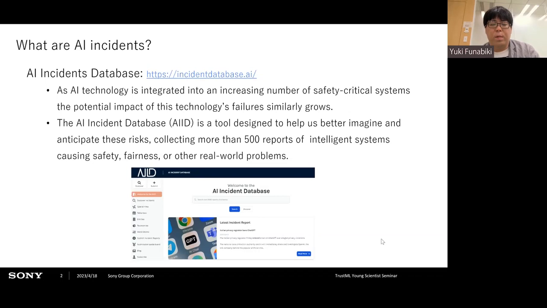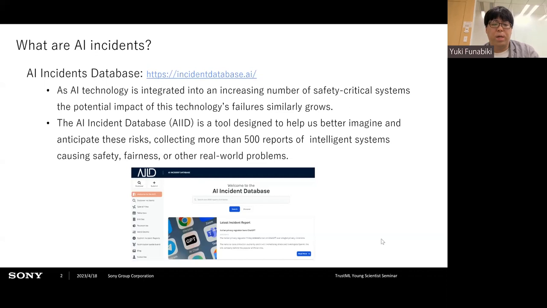In the past, the database had over 1,000 reports, but recently they reformatted it to focus on real incidents, meaning those where corporations, users, or other stakeholders were affected by an AI model or AI system.